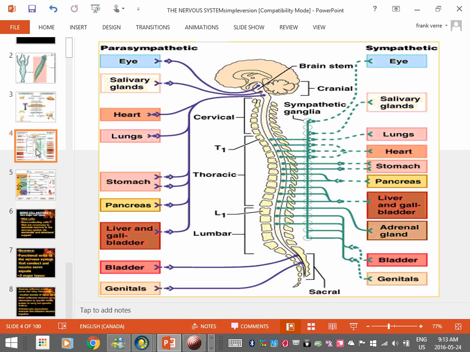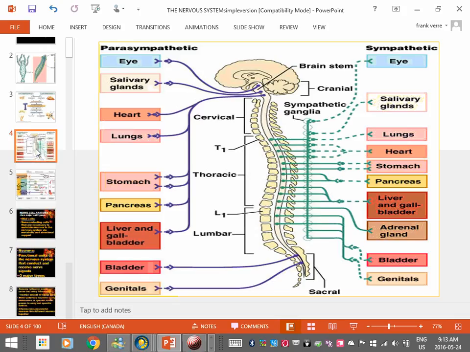What would adrenaline do to your heart rate? It would increase it. What about your lungs and your breathing rate? It would increase it. What about salivation? Yes, very good. So on the right, we have the fight or flight response.